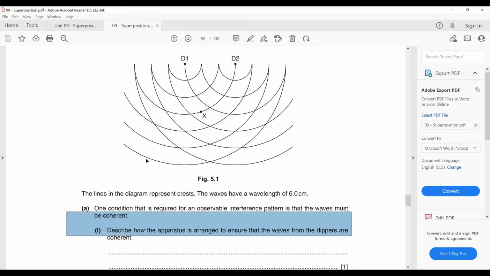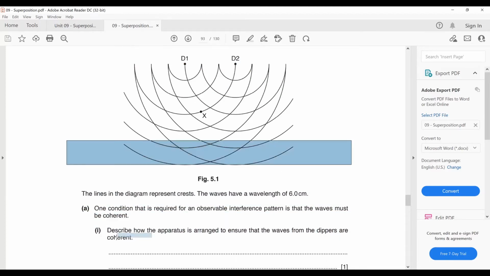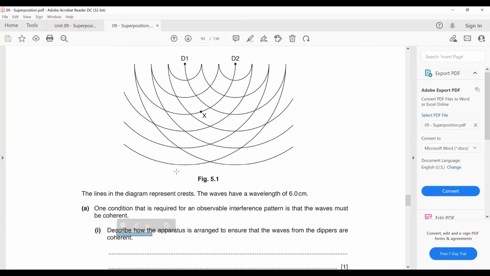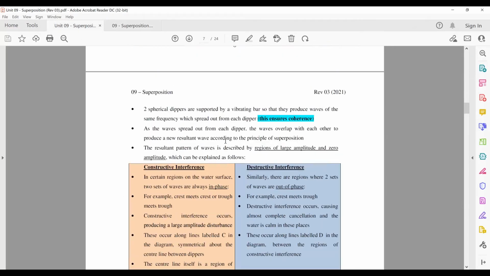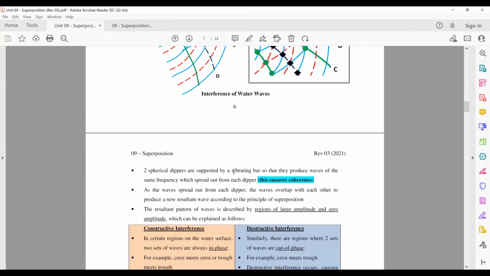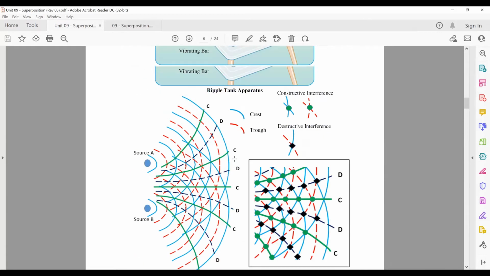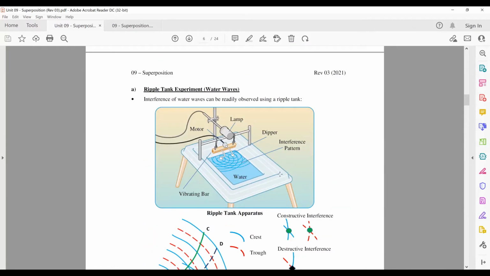When you want something to be coherent, you want them to have the same frequency. One way of ensuring that they have the same frequency is to connect them to the same vibrator. In this case, you connect the dippers to the same vibrating bar. If I make a diagram for you, this is your vibrating bar, which is connected to the two dippers.